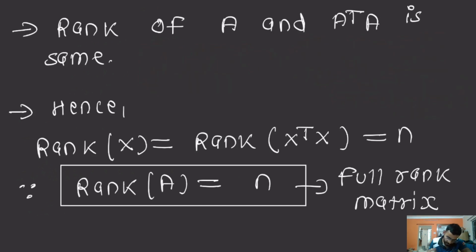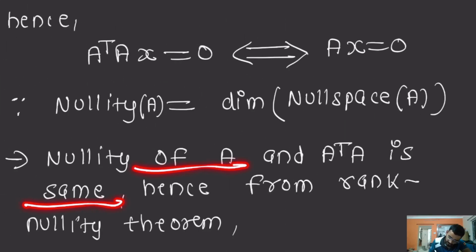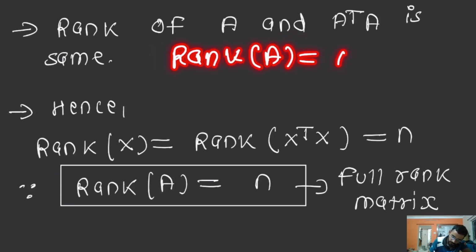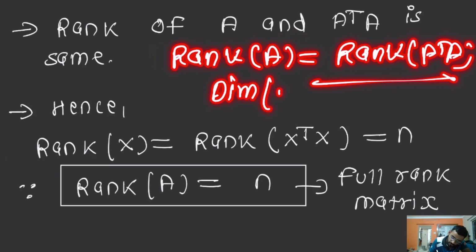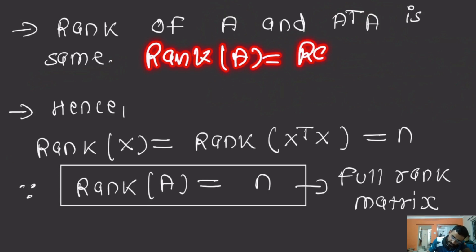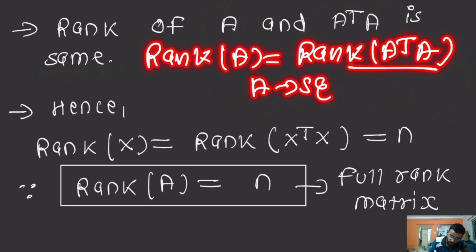Since the nullity is the same, it indicates that the rank of A and A transpose A is also the same, because the number of columns of A is the same as that of A transpose A. Okay, now we have shown that the rank of A and the rank of A transpose A are always the same, whether A is a square or rectangular matrix.